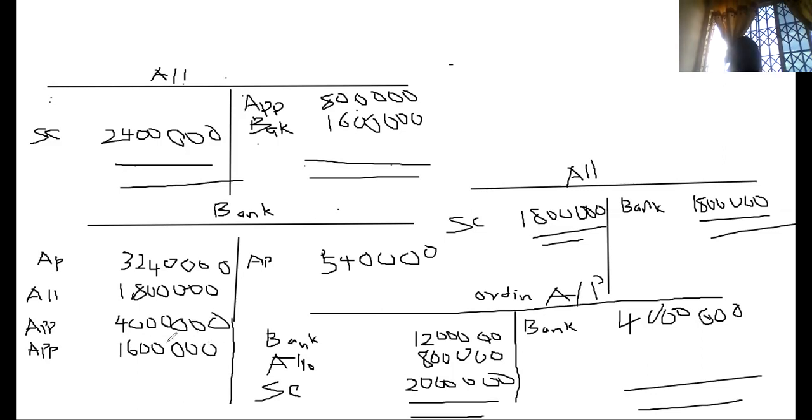Sorry, it should be the 200,000. The 200,000 multiplied by the 12 cedis.